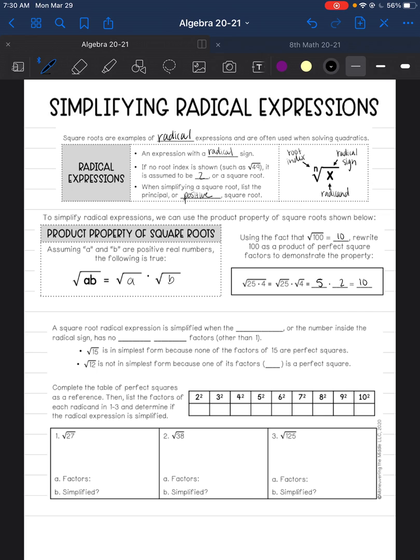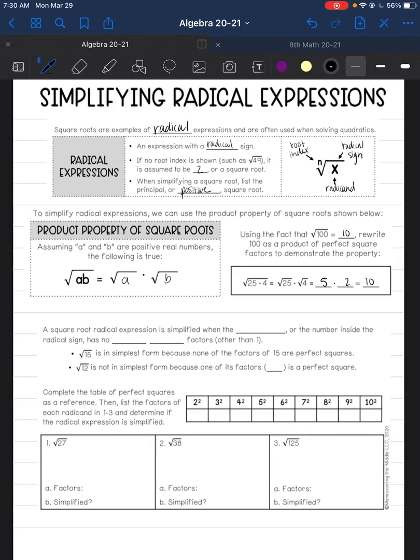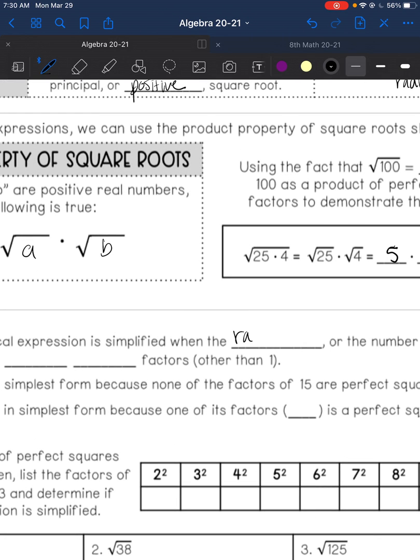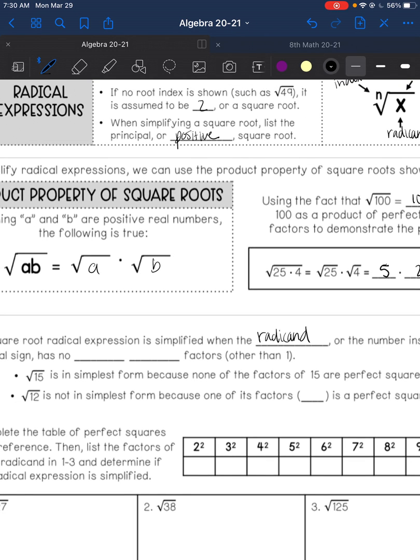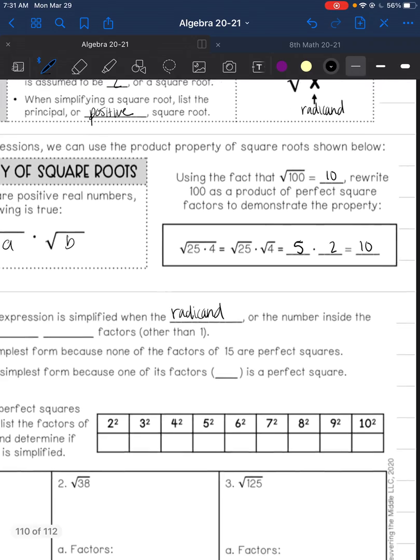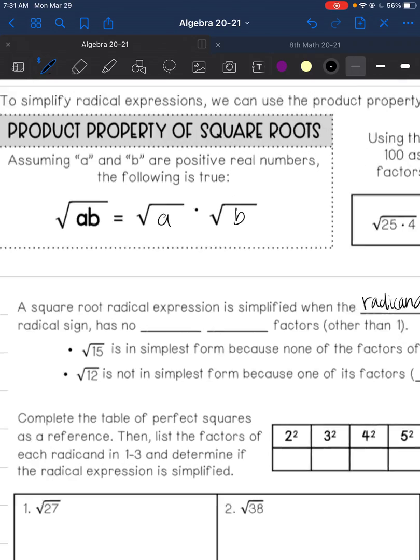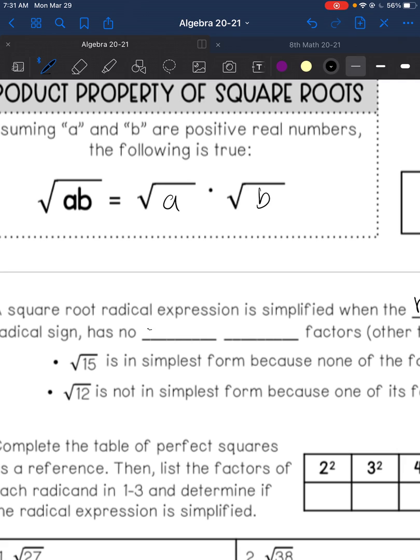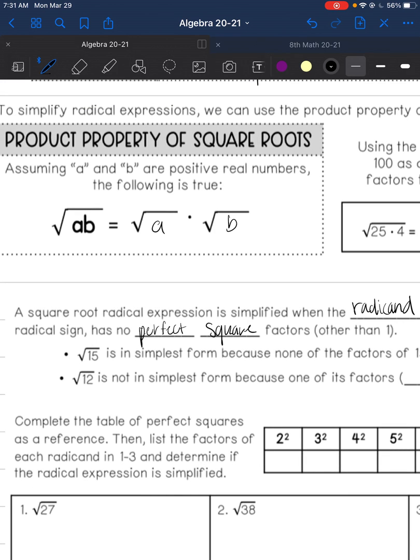A square root radical expression is simplified when the radicand, or the number inside the radical sign, has no perfect square factors other than 1.